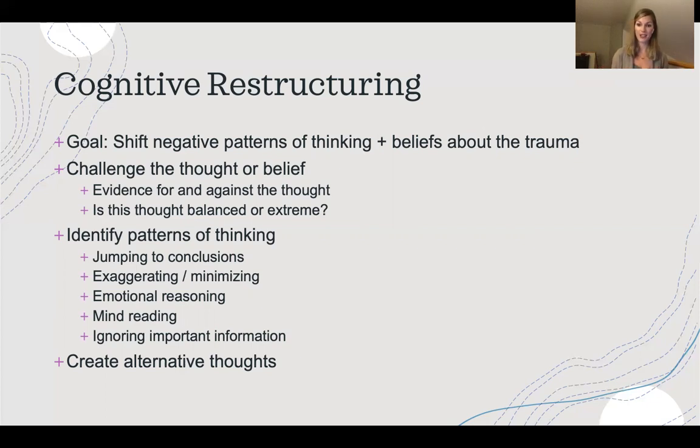Maybe we're engaging in mind reading, thinking that we can tell what somebody else is thinking or feeling, or maybe we're just ignoring important information that might give an alternative thought. And then finally, we would spend some time creating an alternative thought, something that's maybe a bit more balanced and that might help to move through processing this traumatic event.